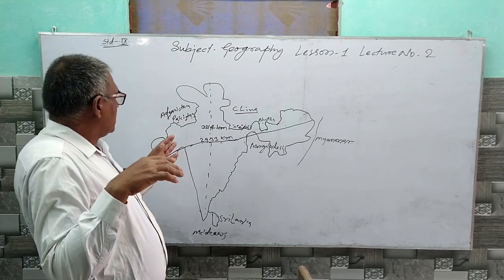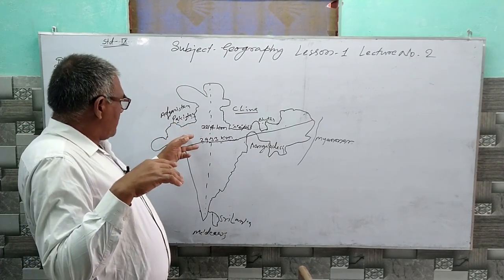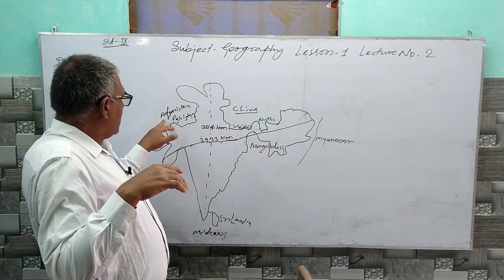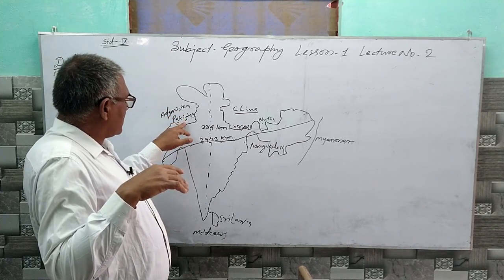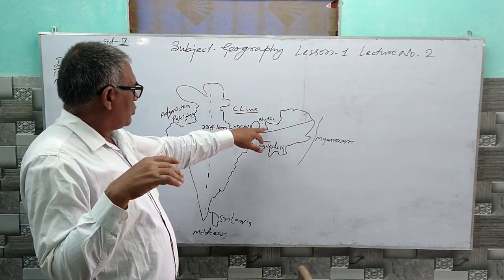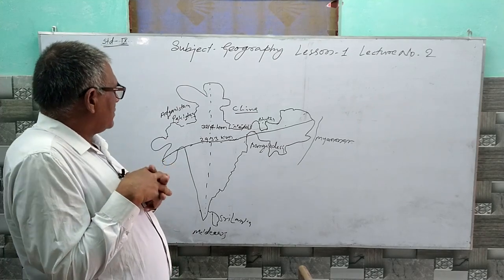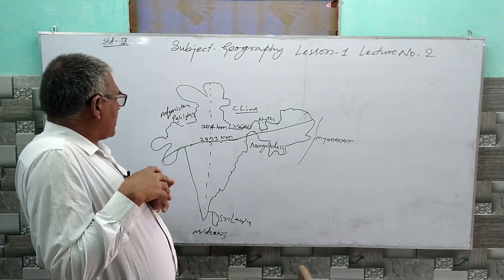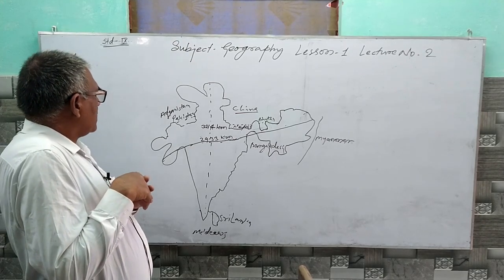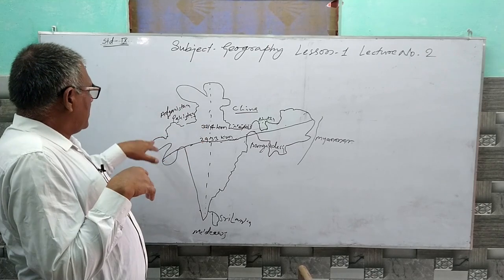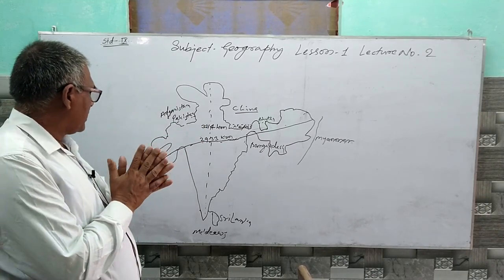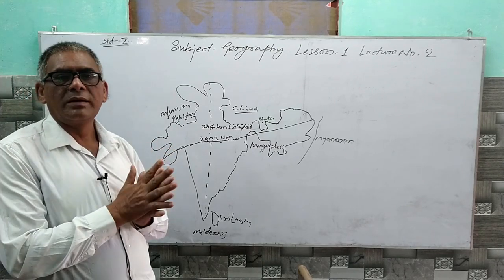The different countries are the members of this Indian subcontinent: Afghanistan, Pakistan in the northwest, China, Nepal, Bhutan in the north, Myanmar, Bangladesh in the east, and Sri Lanka in the south. So all these countries are the members of our Indian subcontinent.